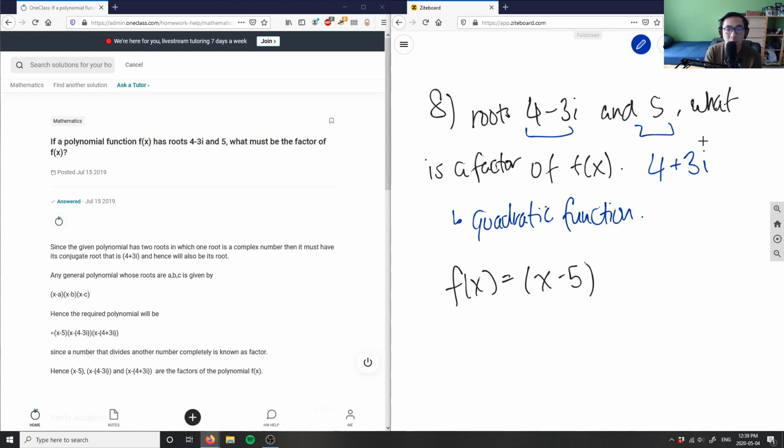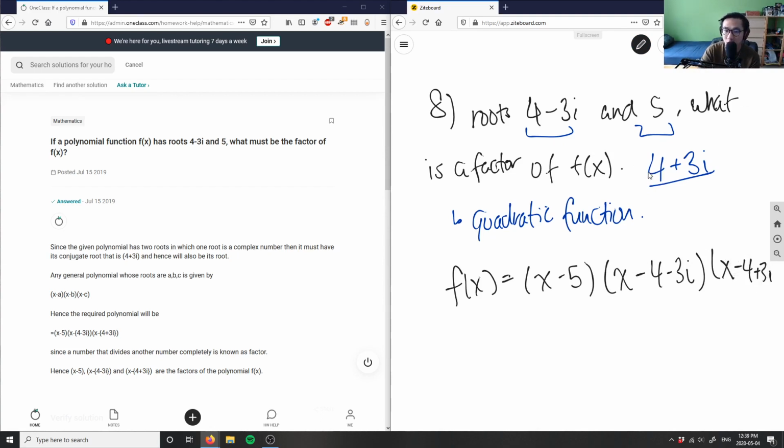Knowing that i is the square root of -1, this is also a root. Therefore, our real root is obviously 5, so x minus 5. We're going to multiply this by x minus 4 minus 3i, and obviously x minus 4 plus 3i.